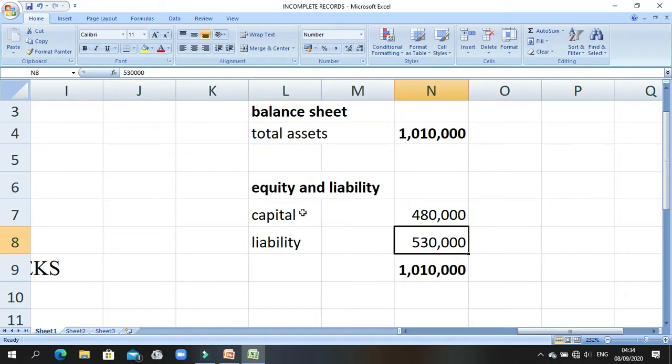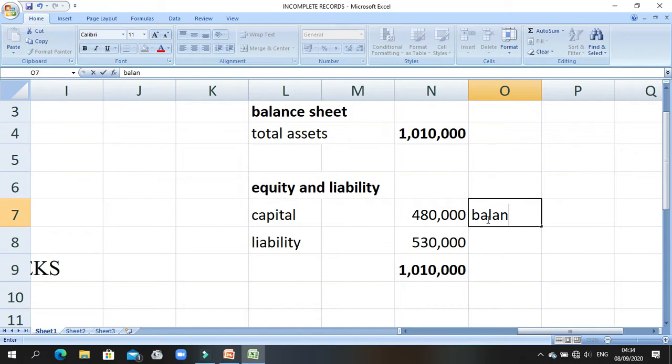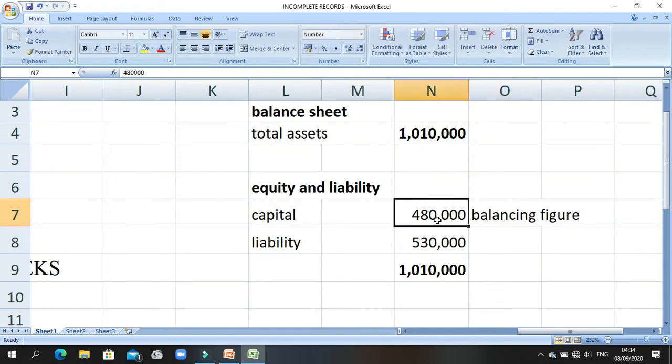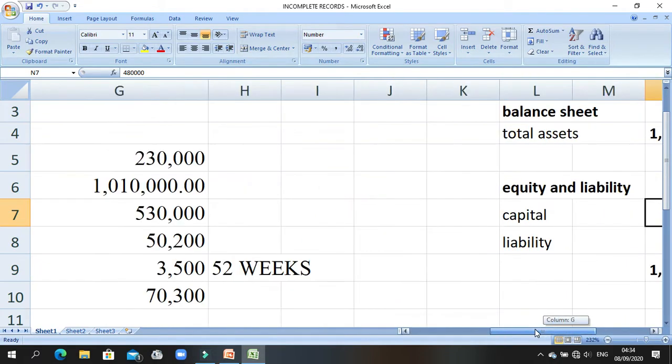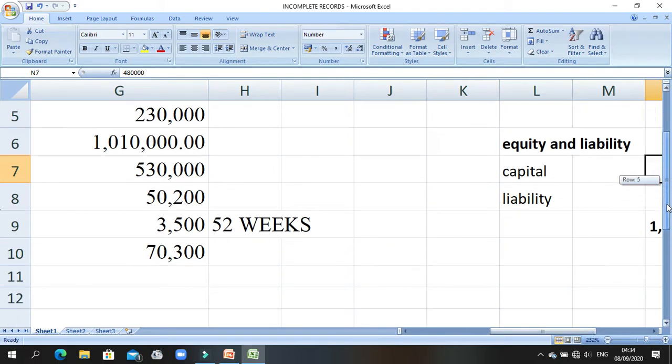So we are going to look at the closing capital, which is the balancing figure. This is the balancing figure in order to balance total assets and total liabilities. This is the closing capital that we use in our formula.